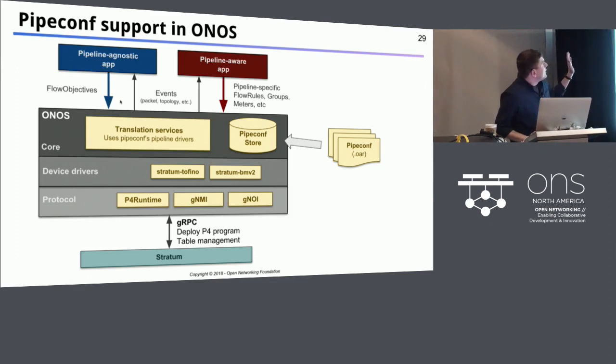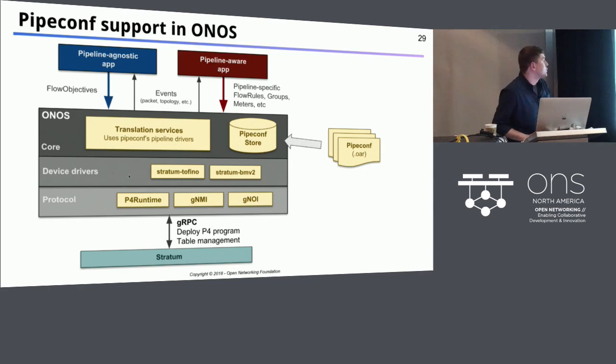So if you're using flow objectives, then ONOS will use some translation services that reuse these drivers provided in the Pipeconf to translate those flow objectives into the specific table entries for your pipeline. Instead, if you're using a pipeline-aware application, then it's assumed that your application is aware of your pipeline structure and is using the flow rule API to write against the specific tables defined in P4.